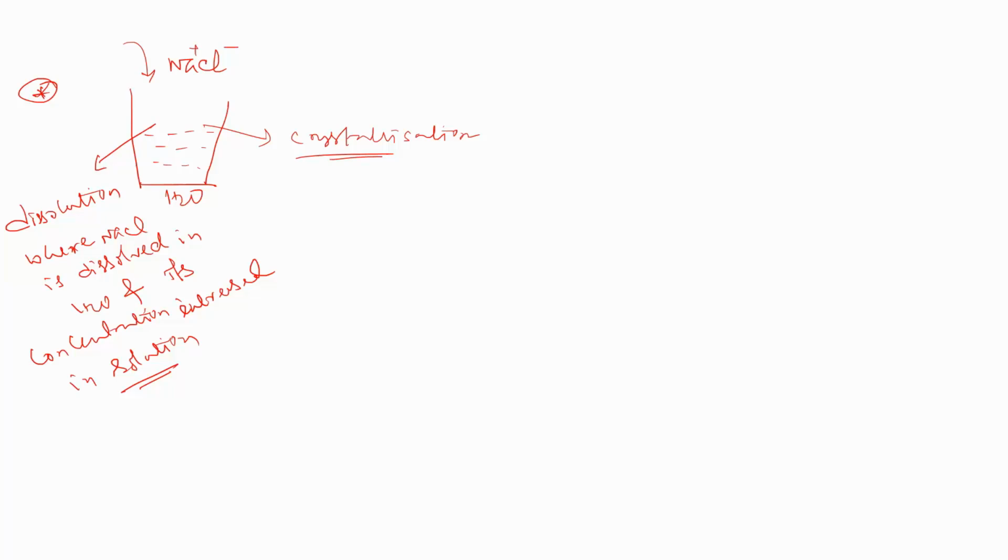Crystallization means that when we try to dissolve a solute in its corresponding solvent, some amount of the solute will dissolve in the solvent, but some amount of the solute as a solid will interact with another solid and form a crystal.